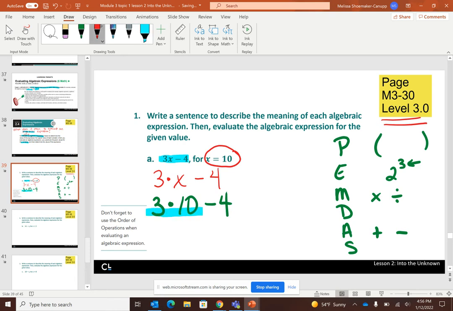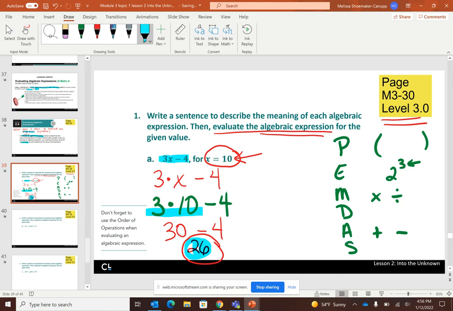So I'm going to take 3 times 10. That's 30. I'm going to bring everything else down so I don't miss any math. There's only one operation left. I can see that it's subtraction, and 30 take away 4 is going to be 26. So evaluating this algebraic expression when x equals 10 gives me the value of 26.